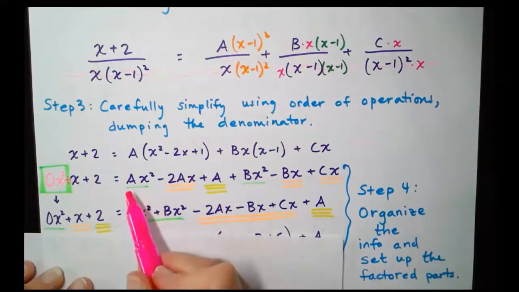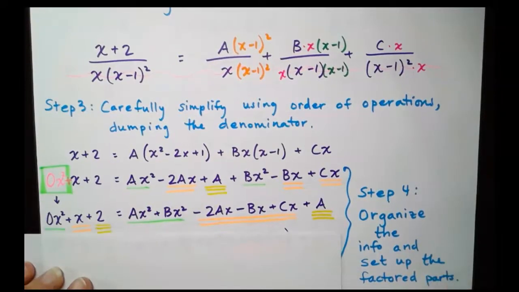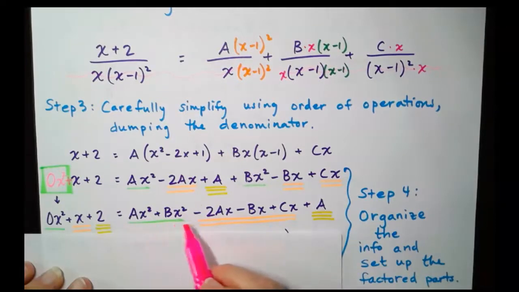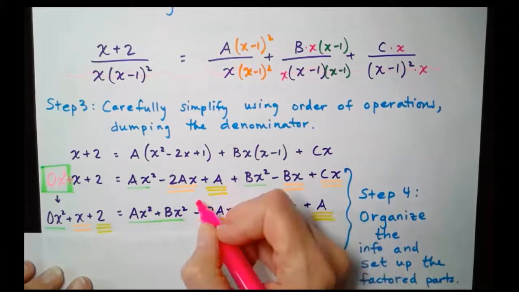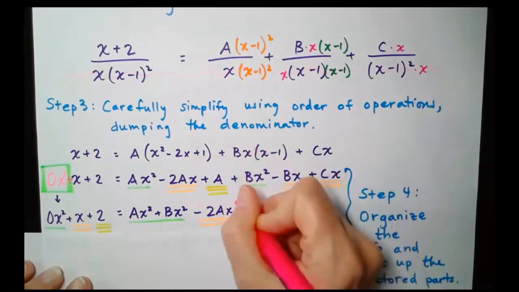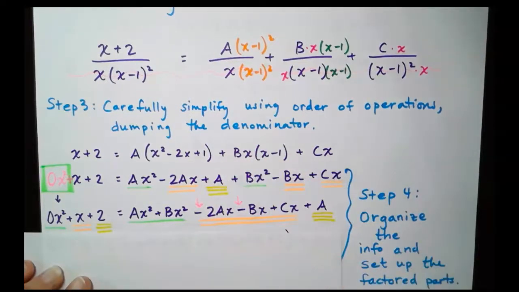So organizing the information, use the commutative property here to put together what goes together. So ax squared plus bx squared minus 2ax minus bx plus cx. Please pay super attention to all of the signs because you don't want to do all this work and then have a careless mistake because you missed a sign.